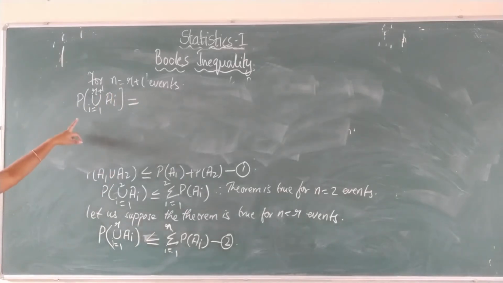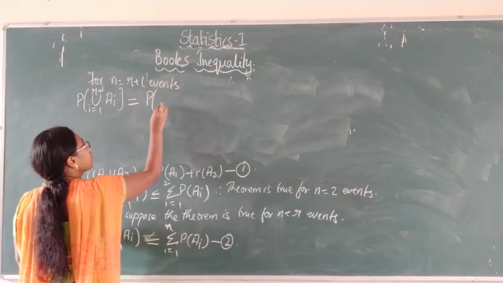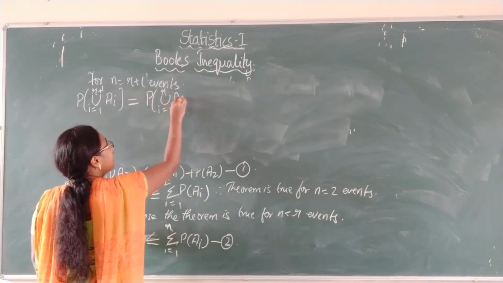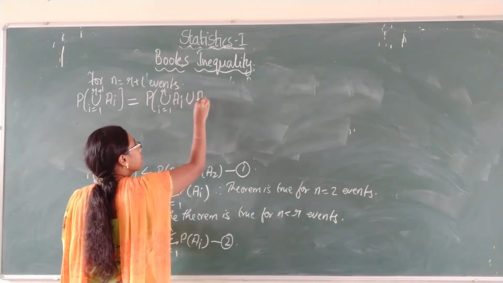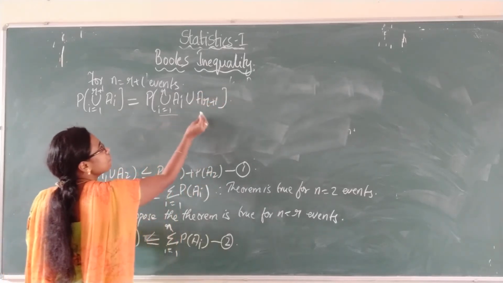This value can be written the same way, we are going to do the splitting up to the r term and the r plus 1 term. So that is probability of union i equals 1 to r of Ai, as in the addition theorem, union A(r+1). So this is the first term, this is the second term.